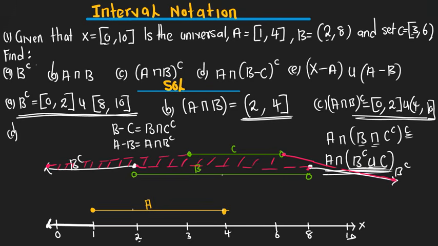That is B complement union C, or this area. So B complement union C is going to start from this point, and then another point of conjoinment. Where is it? It's here. So 2 is also going to be part of the set. Okay, have you seen? Then another point of conjoinment is going to come from here.